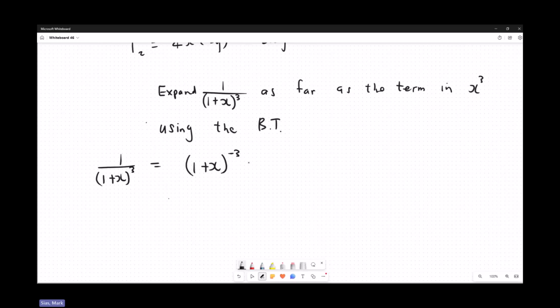Right? But here, it's okay. You just have to identify a from the formula. b is equal to x and n is equal to negative 3. Can you see that? Yes. Great. And now you just have to invoke the formula of the binomial theorem, that same formula that we wrote on top.